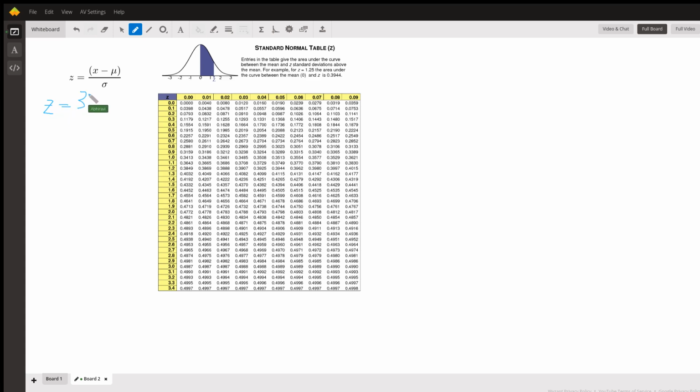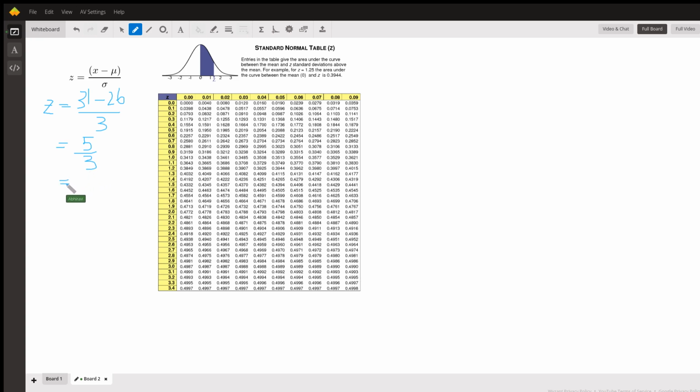31 minus 32, forgive me, 26, all over 3. So now I'm going to pull up my handy dandy calculator to do at least the numerator. So it's 31 minus 26, which is 5, divided by 3.